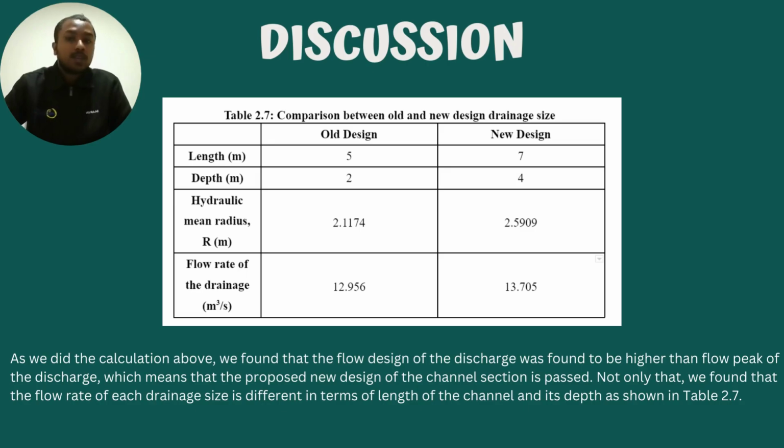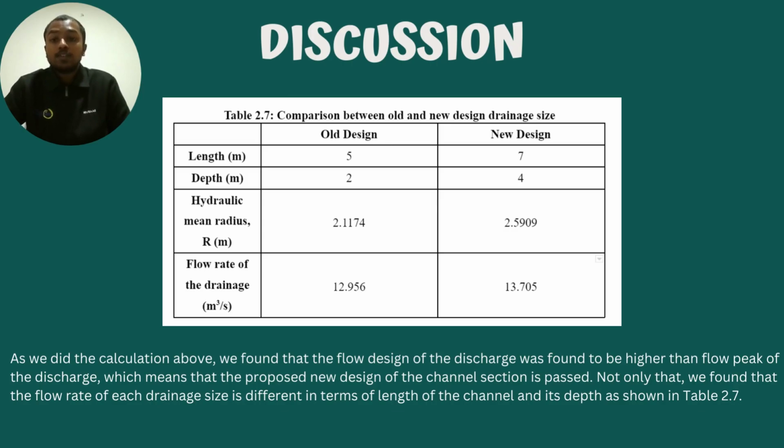When we increased, the hydraulic mean radius changed from 2.1174 to 2.5909. Then the flow rate of the drainage also changed from 12.956 to 13.705.